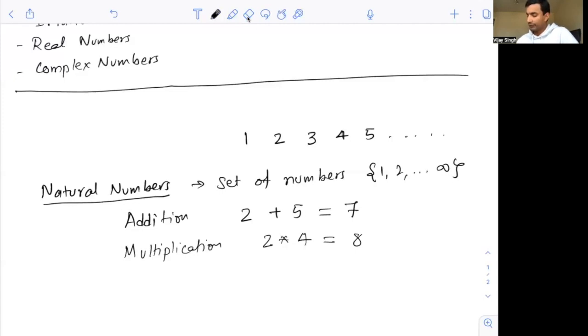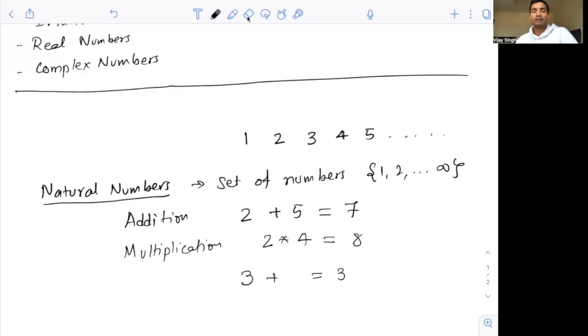But let's say we do an operation where you take a natural number, let's say 3, and add to it some number that gives me 3 again. So let's say you take 3 apples, you add some other number of apples to 3 apples, but in the end, you only got 3 apples.